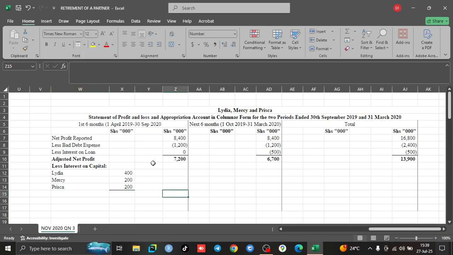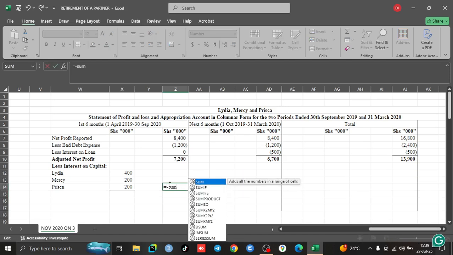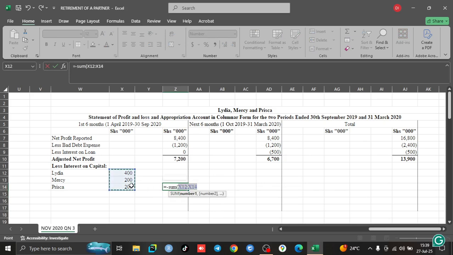So we sum that up, then we deduct it from the adjusted net profit. Then you get the adjusted net profit, you deduct this interest on capital. In this case I'm going to add because I indicated it as a negative.